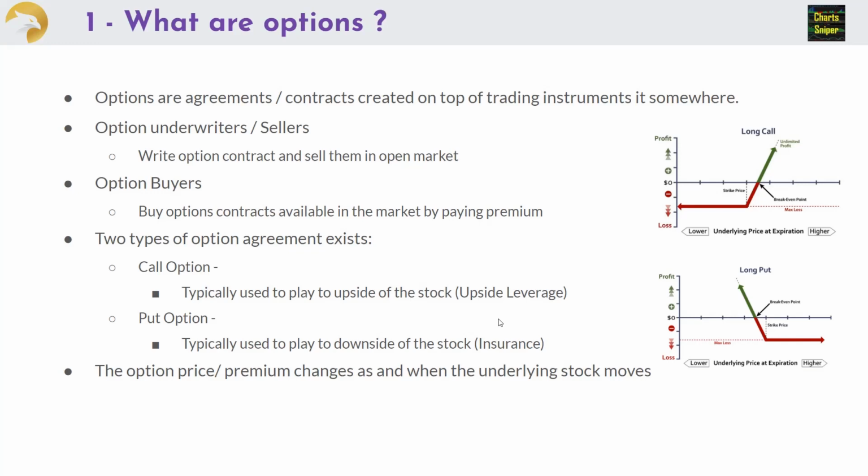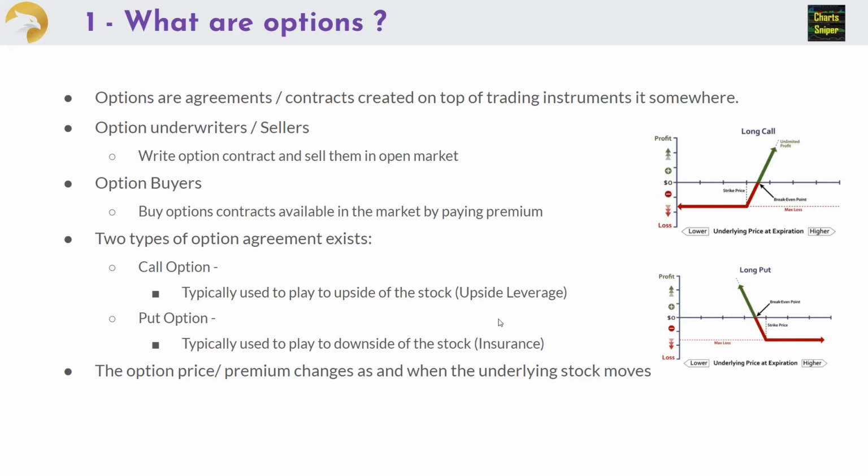But the main difference here is an option cannot exist without an underlying stock, and that's why these are called derived instruments, derivatives. Whenever options need to be traded in the open market, there has to be someone who sells them. Those are mainly called option underwriters.